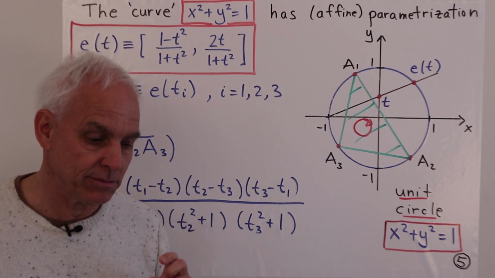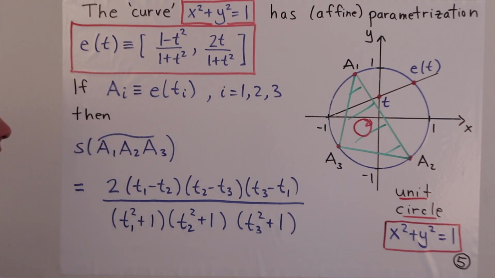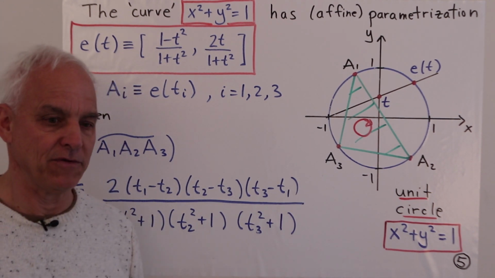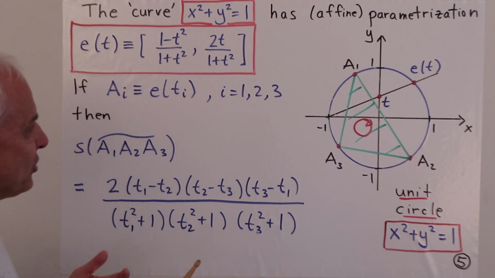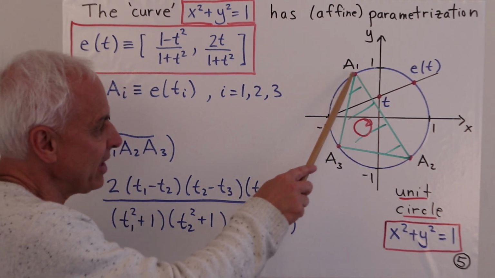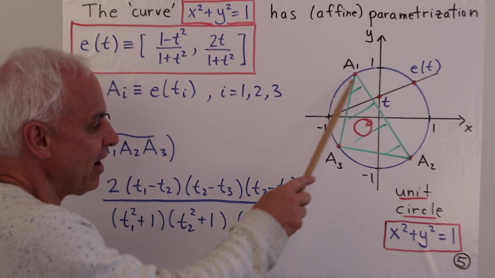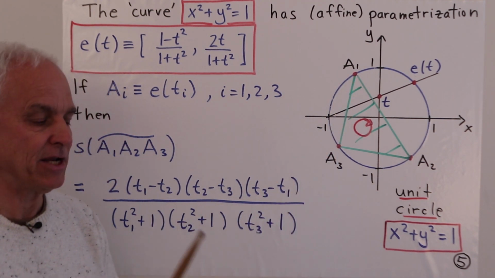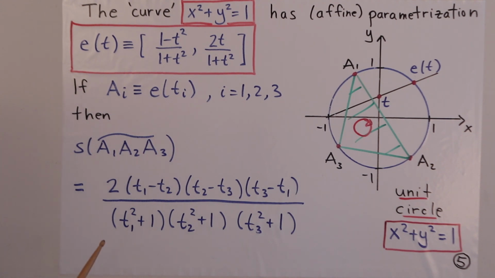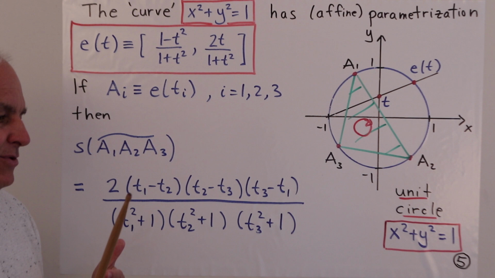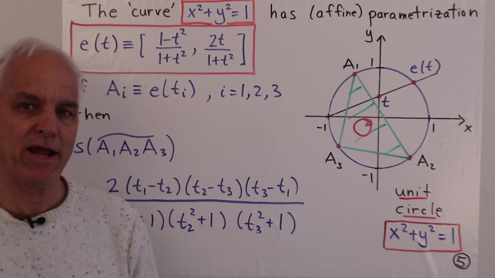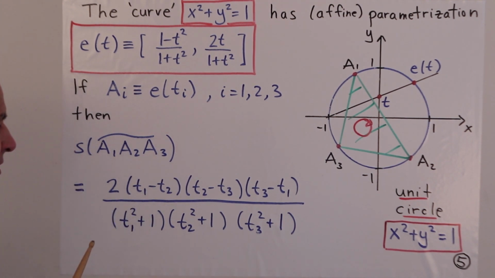Not so easy if you do it by hand, but not so hard if you have a little bit of help from a computer. So again, we just go through the 3 oriented sides one at a time, compute the signed area of each of the oriented sides and add them together. And then you have to take that rather big expression and simplify it algebraically. And what you get, it turns out, is this.